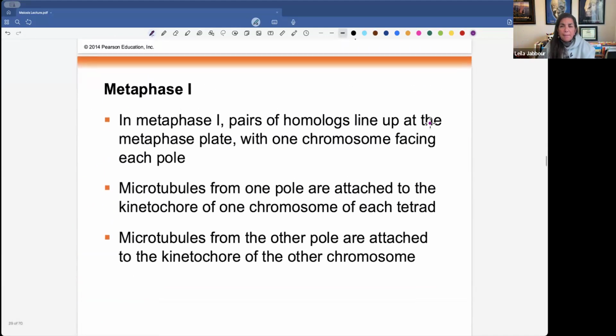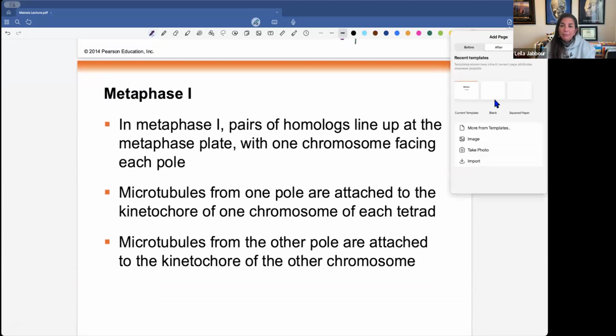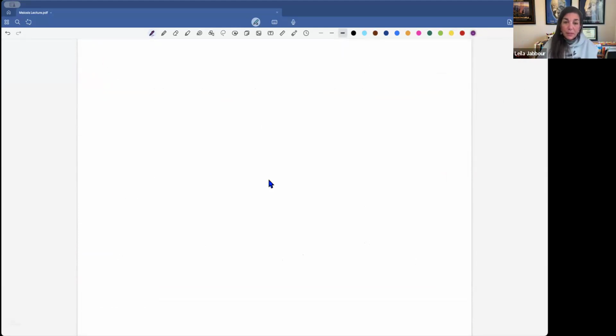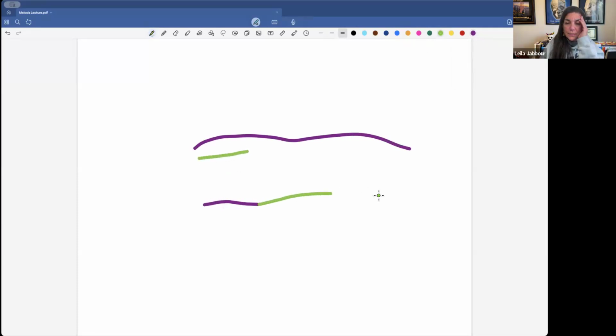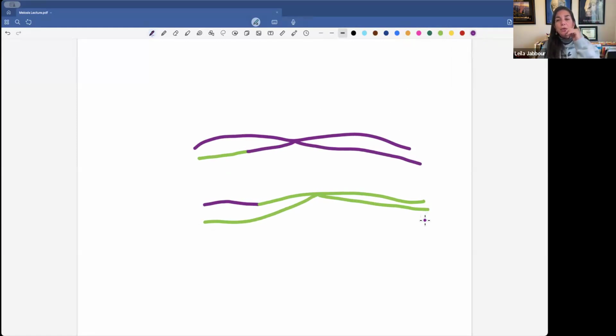And this is something I forgot to mention, the word tetrad. Well, I'm going to draw these chromosomes here. So let me draw them laying down now. Okay, so this was my pair of replicated chromosomes, and this is another pair of replicated chromosomes.